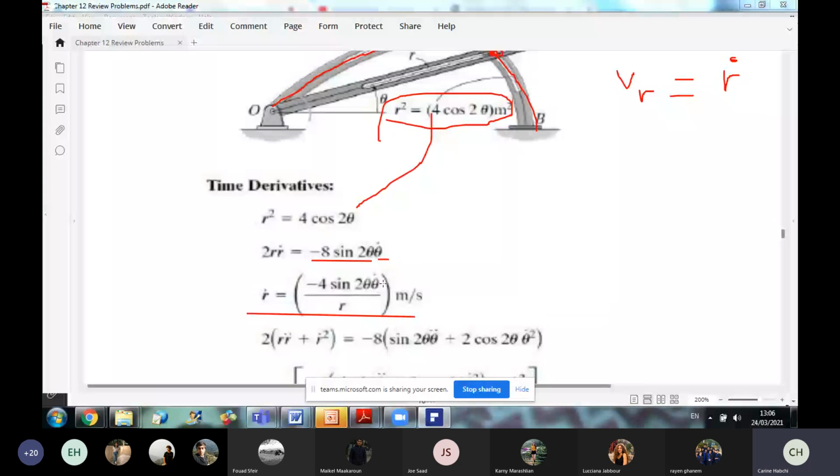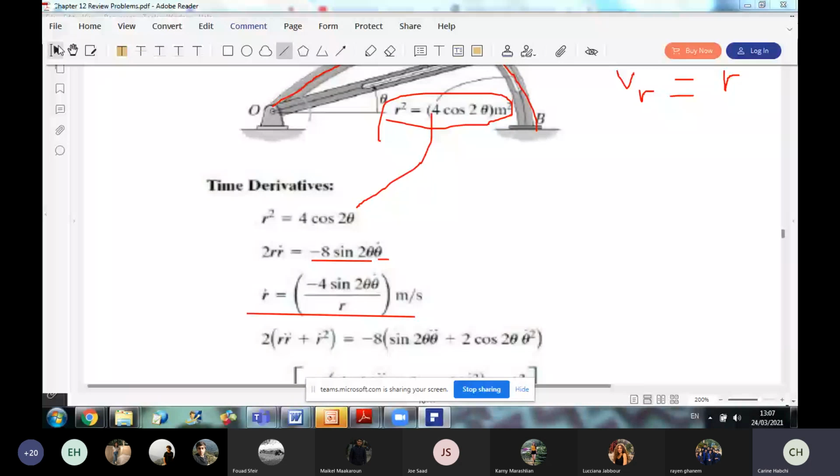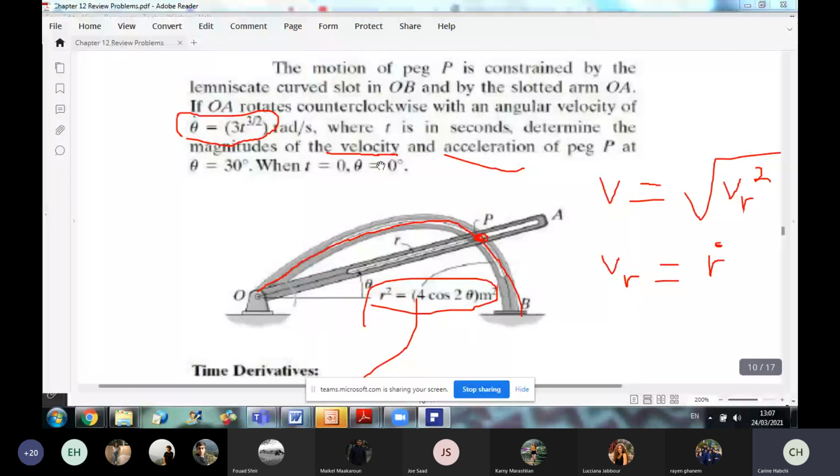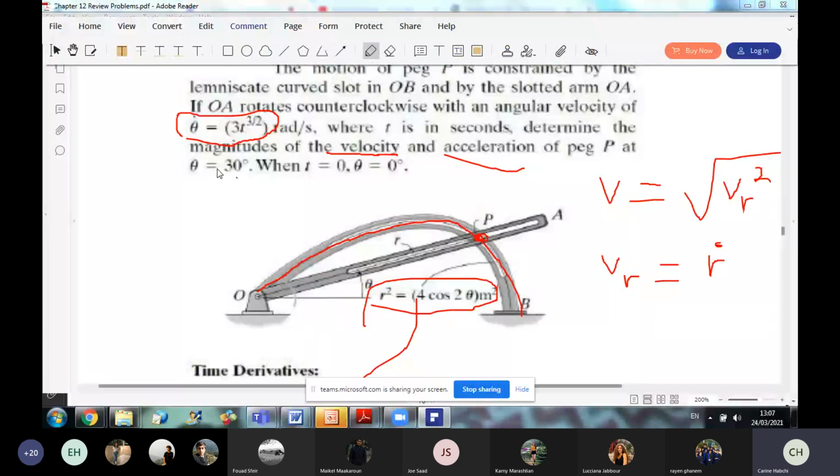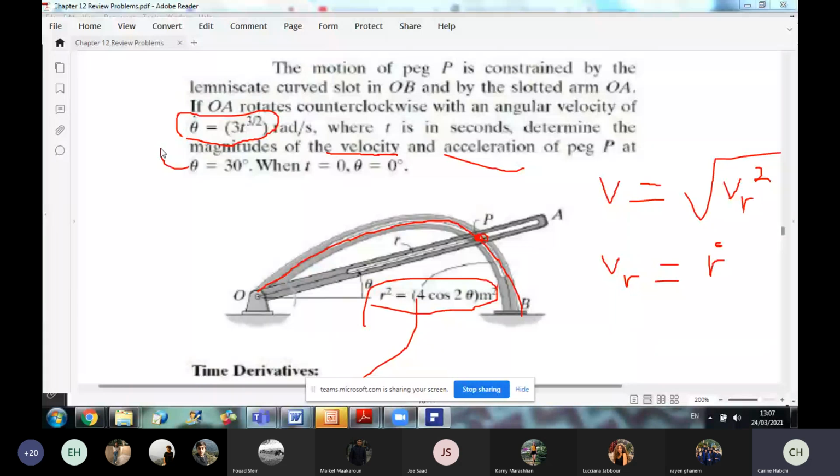Now, in this problem, they gave me that at the point of interest, I want to determine the velocity and magnitude for theta equal to 30 degrees. So for theta equal to 30 degrees, I will replace in my equation here. Knowing that theta equals 30, I want to get the corresponding value of theta dot.